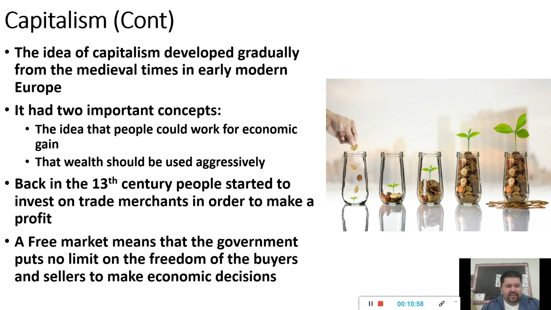But the thing is, at the very bottom, a free market means that the government puts no limits on the freedom of the buyers and sellers to make economic decisions. Okay? The government puts no limits to the freedom. So a lot of you guys know I love my little pop figures, things like that. The government does not come around and say, hey, you have to buy that.